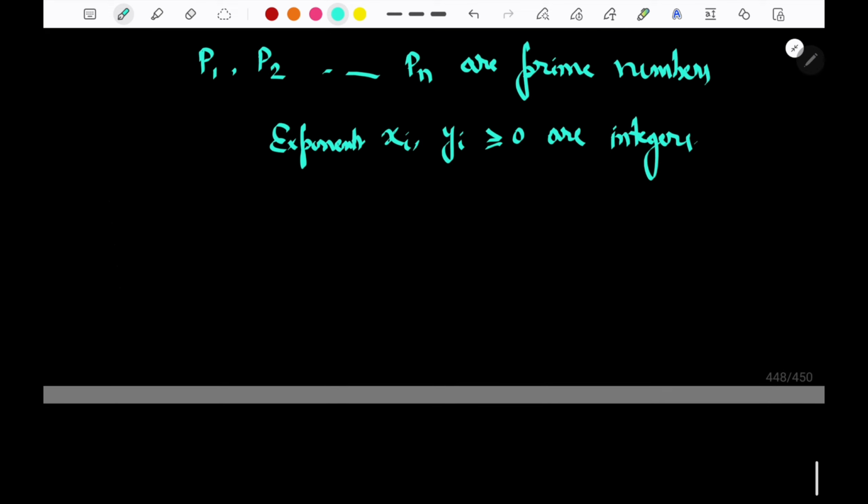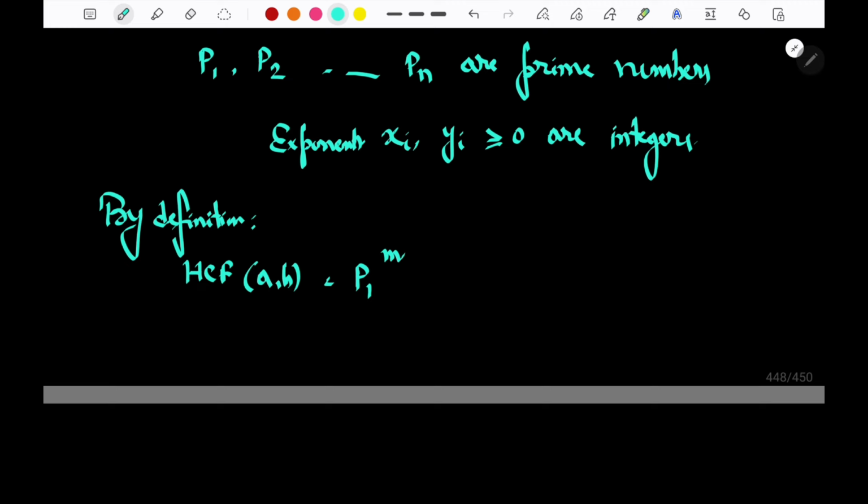Now, by definition, what do we mean by HCF? We can say HCF of a, b is equal to p1 to the power minimum of x1, y1, p2 to the power minimum of x2, y2, again pn to the power minimum of xn, yn.